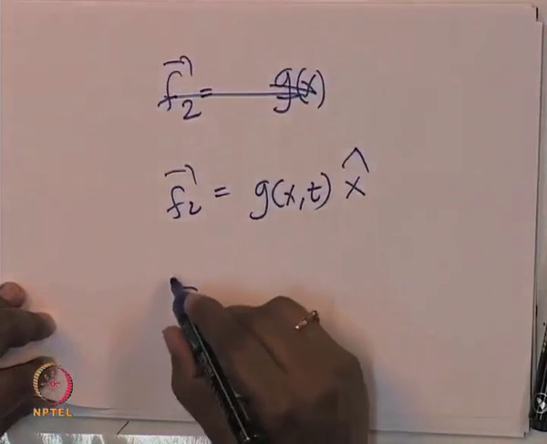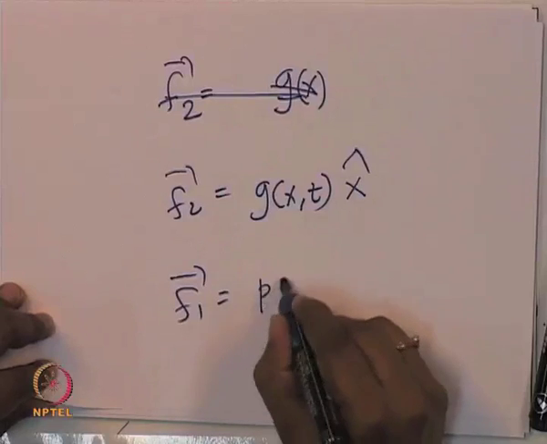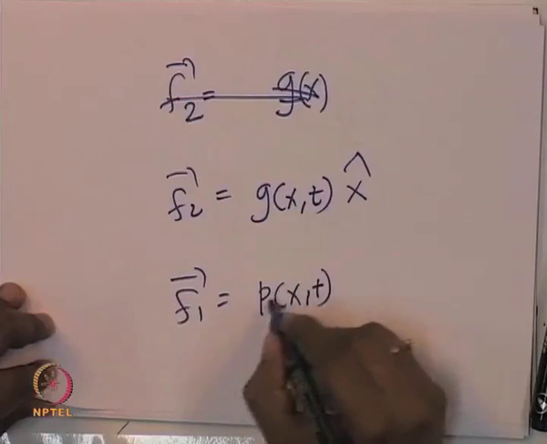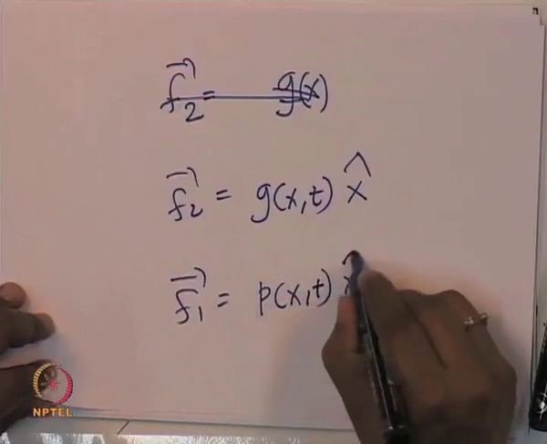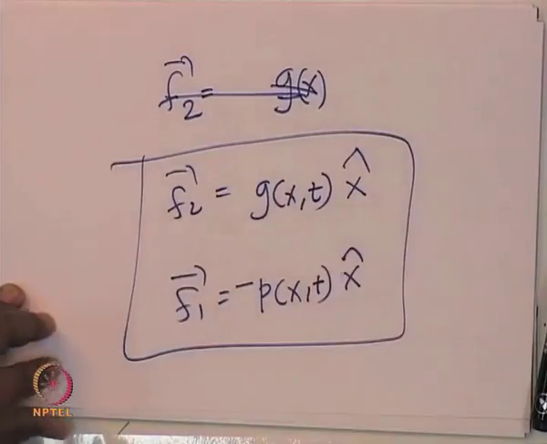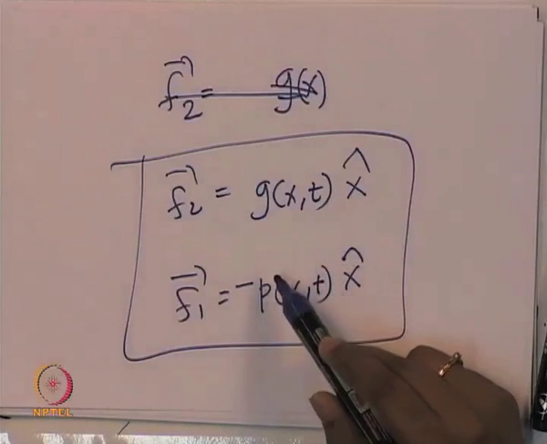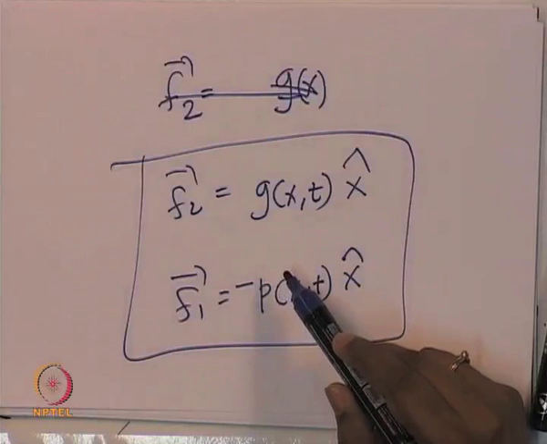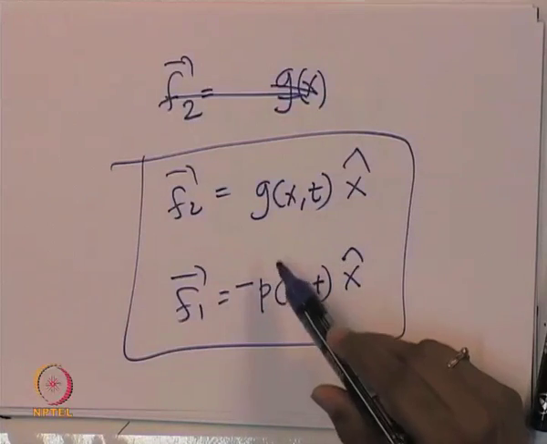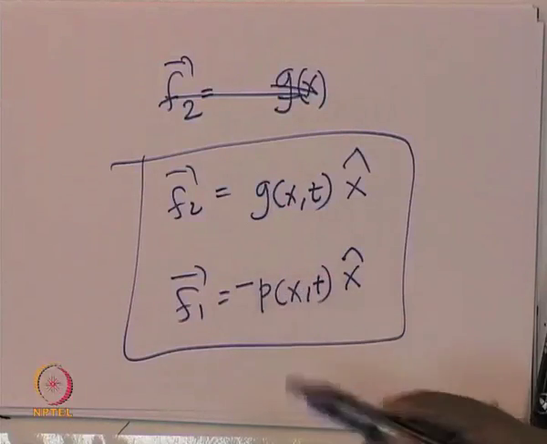Similarly, f 1 can be some other function, p of x comma t, but along the minus x cap. This can be a little more general, and g and p can have interesting functional forms depending on the situation.